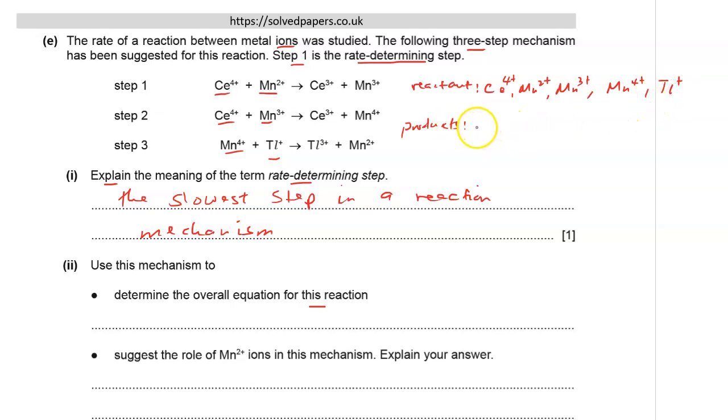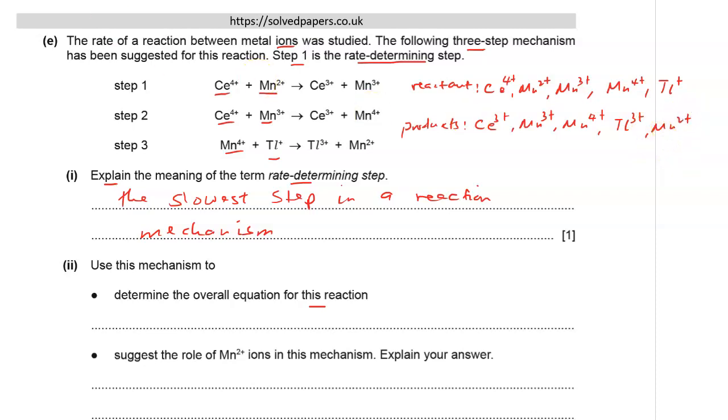Then the products are Ce3+, Mn3+, Ce3+ appearing a second time, Mn4+, Tl3+, and Mn2+.